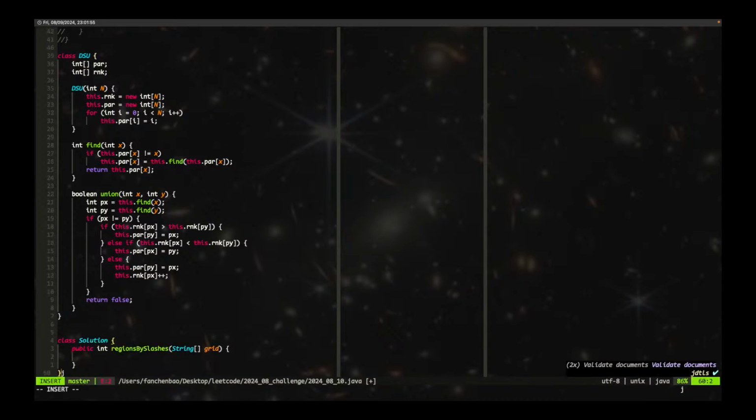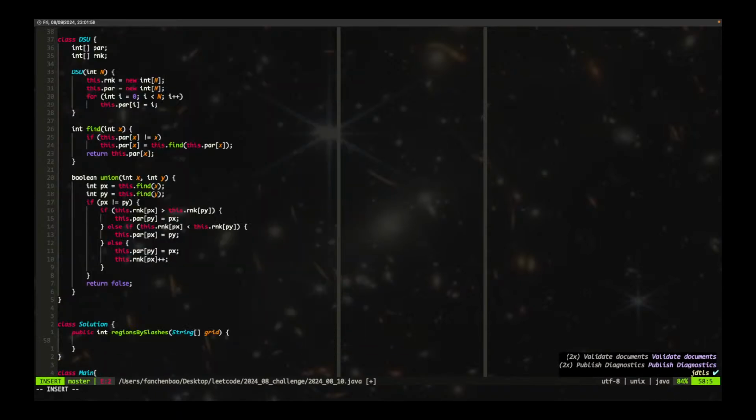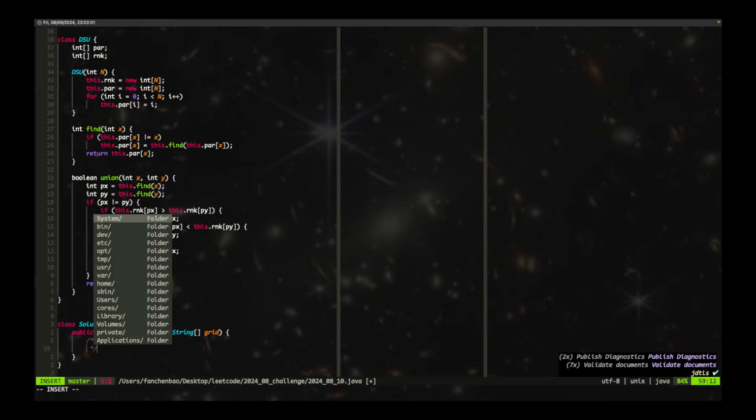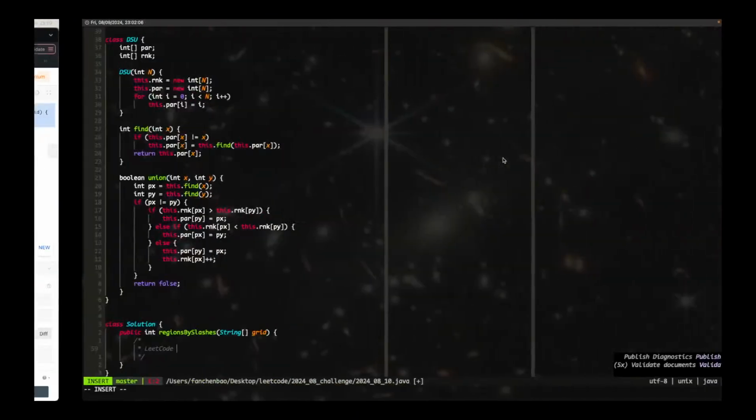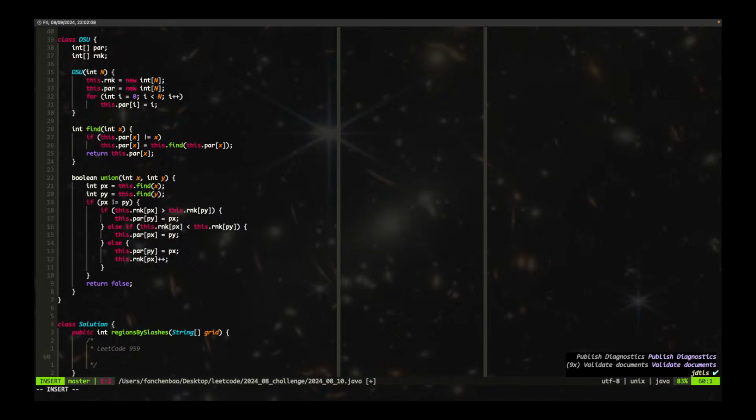All right, let's do this. On 5.9, well, I couldn't figure out any reasonable solution, so I read the answer, and this union find solution is quite brilliant.